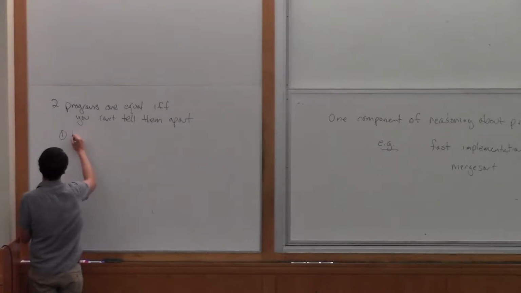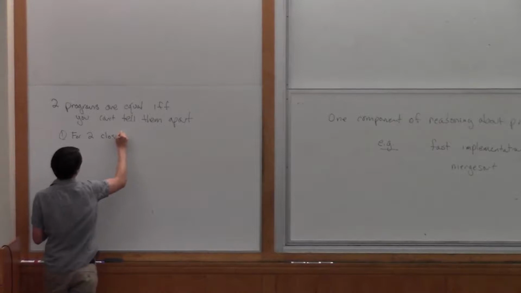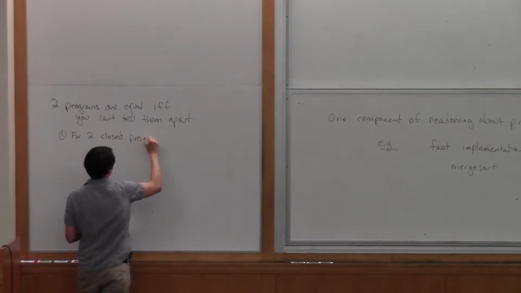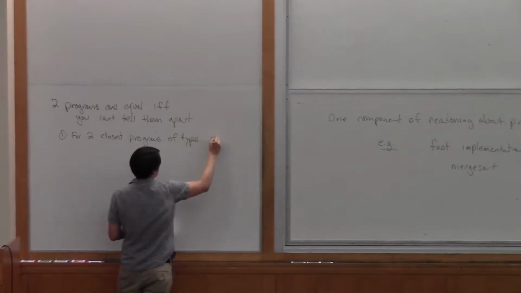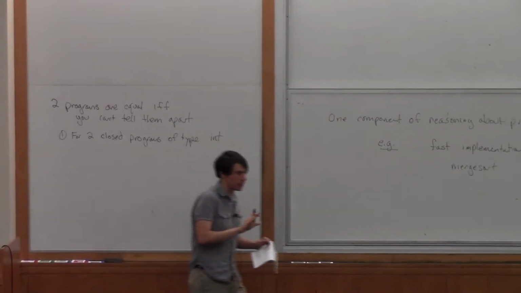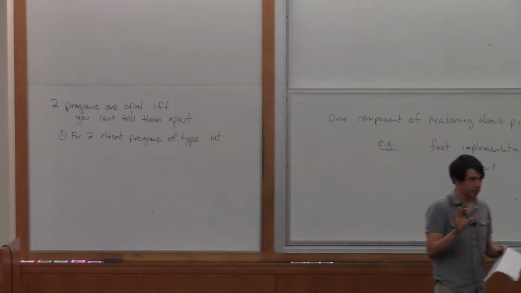First of all, for two closed programs of type int, I'm going to assume, like in Bob's lecture, that we have function types.